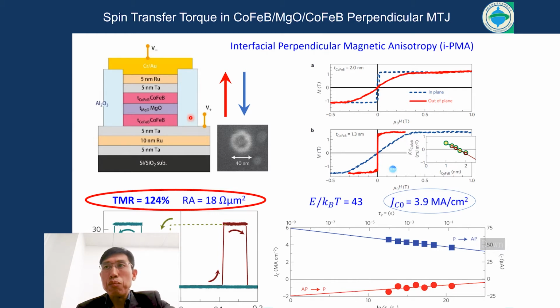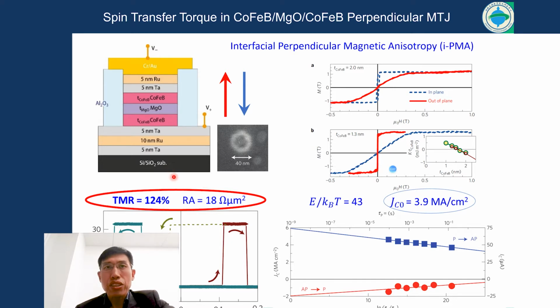During this development, Professor Ono made a breakthrough and proposed using interfacial perpendicular magnetic anisotropy combined with the spin transfer torque mechanism.